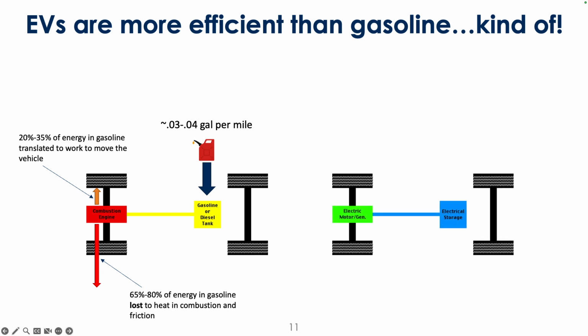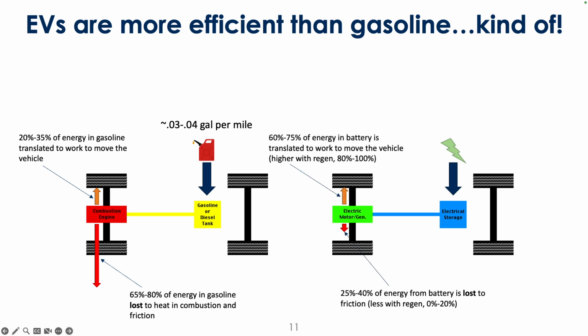For the other technology, electric vehicles, it looks something like this. About 60 to 75% of energy in the battery is translated to work to move the vehicle, and 25 to 40% of the energy from the battery is lost in friction. But all BEVs are going to have regenerative braking, and so your efficiency ends up much higher, on the 80 up to 95+%.